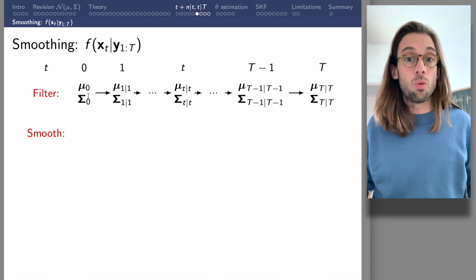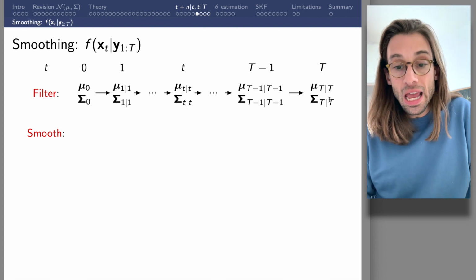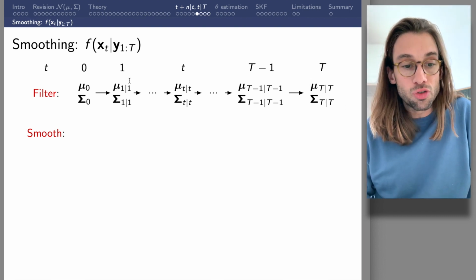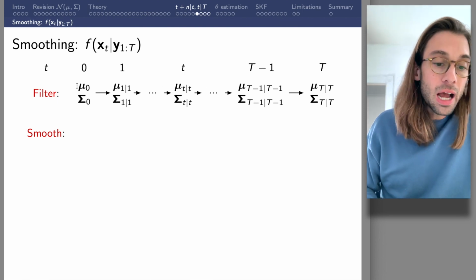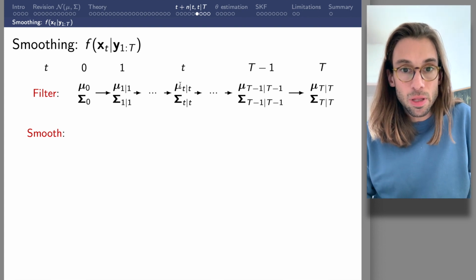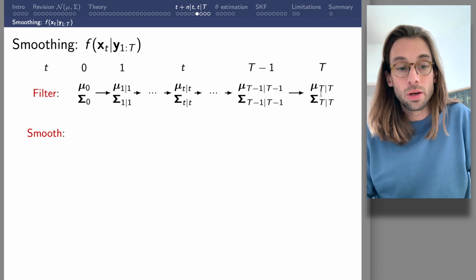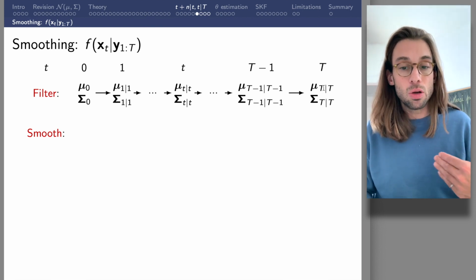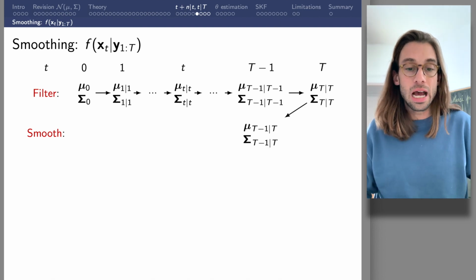So what I want to do is the backward operation of propagating my knowledge backward over all my time steps. For instance, at time t, this estimate contains all the data from the past, but no data from the future. This is what Kalman smoothing allows us to do: take all the data beyond that point and propagate it to that time.